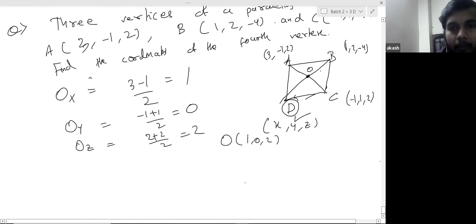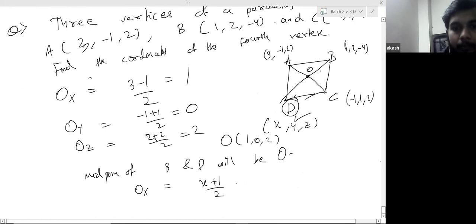Now we know that midpoint of B and D will be same, will be O. So we can write OX is equals to x plus 1 upon 2, and this is equals to 1. So x is equals to 1.